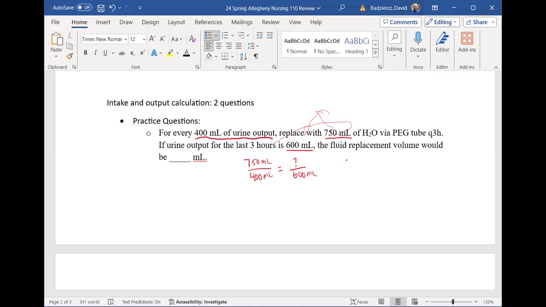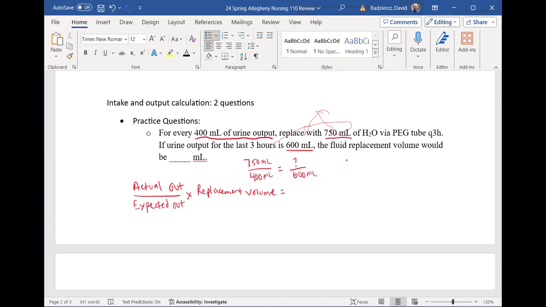The other thing that I did is I just kind of simplified this, and I said, take the actual output, whatever that happens to be, over the expected output, and then multiply it by the replacement volume. And that will give you your answer for this question all the time as well.